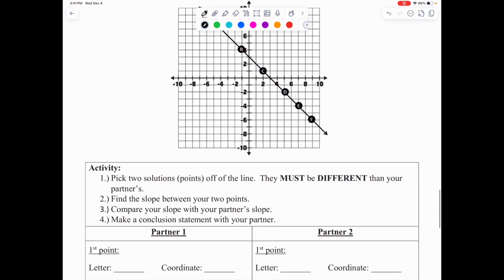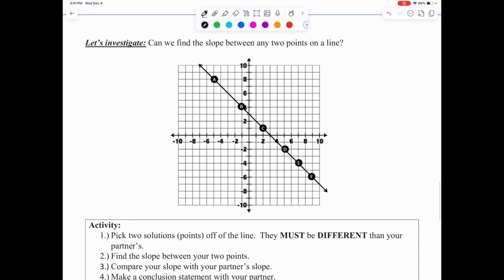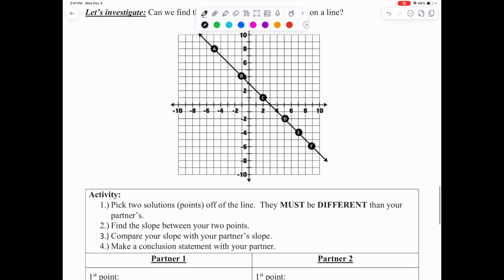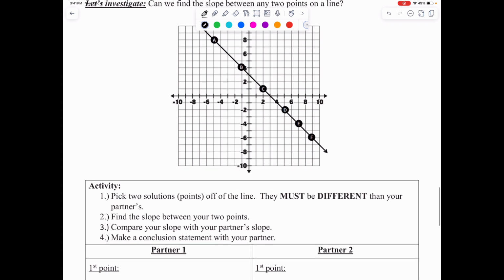And you can see I've already labeled points for you, and I marked them with a letter A through F. You have to have different points than your partner. So for example, if I'm partner 1 and I pick points C and D, then my partner 2 cannot pick C and D. Maybe they'll do E and F.